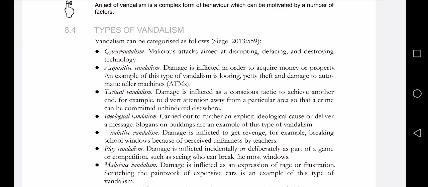Acquisitive vandalism: damage is inflicted in order to acquire money or property. Examples of this type of vandalism are looting, petty theft, and damage to automatic teller machines.